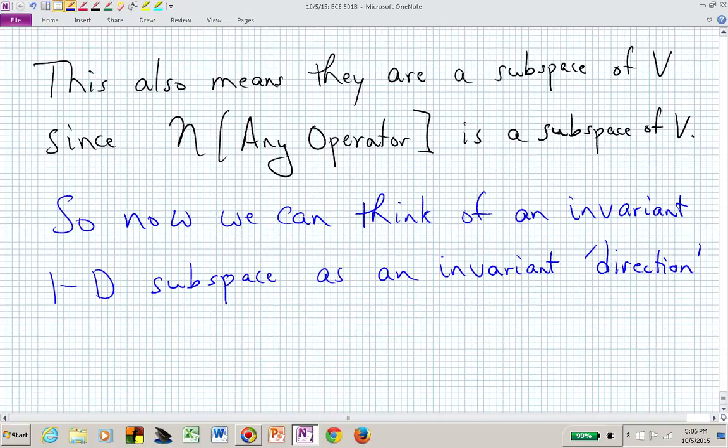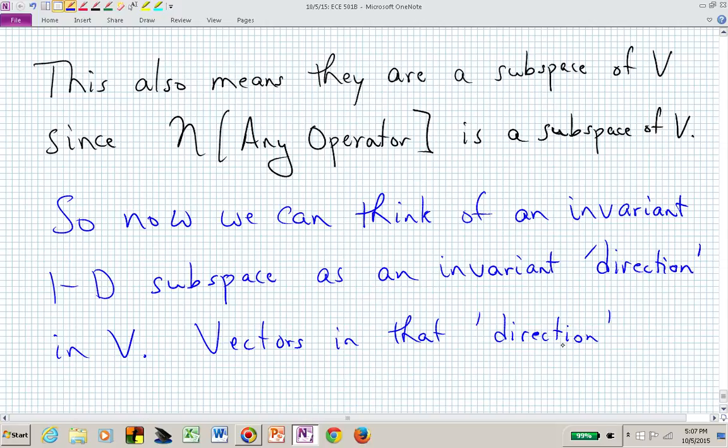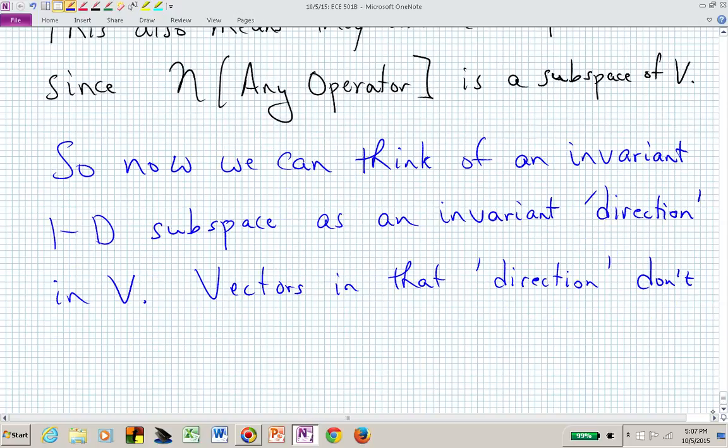Again, I said it was this line, so an invariant direction in the vector space V. And vectors in that direction don't move off of that direction.